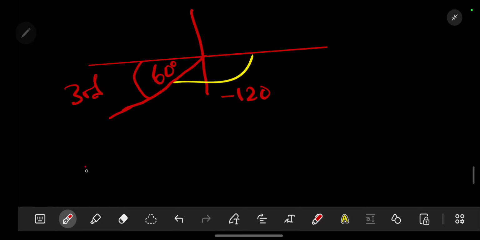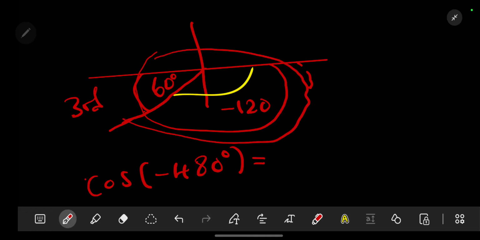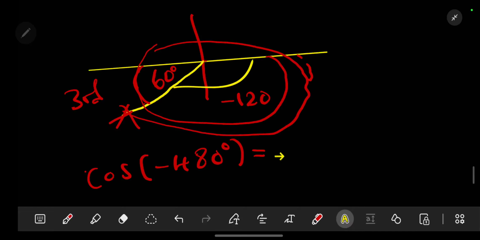So the cos of negative 480 degrees is equal to, already it is in the second quadrant. If this angle rotates like this, it passes like that, it makes 360, it continues, it will still end at this point. Then we use the reference angle, which is the angle between the x-axis and the terminal angle. So this is equal to negative cosine of 60 degrees.